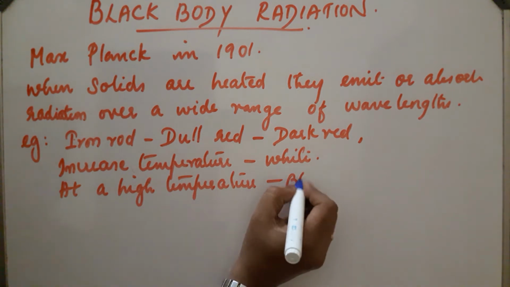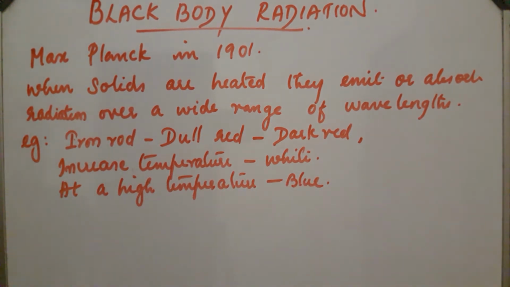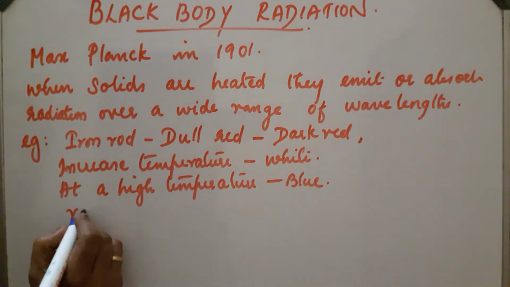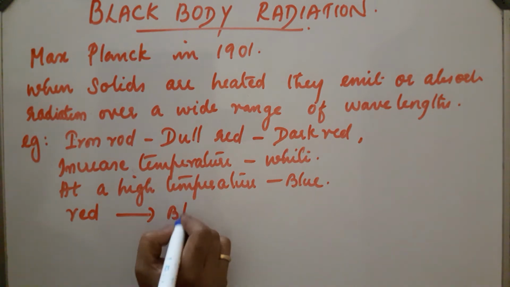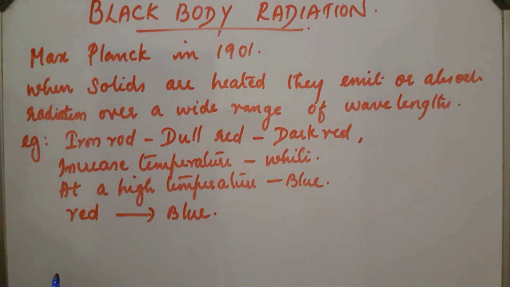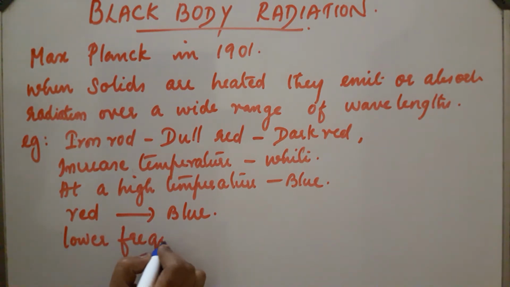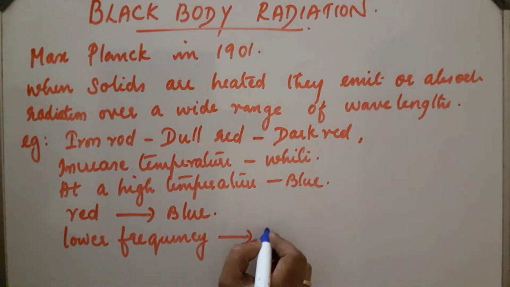From this we can observe that if we increase the temperature, radiations of different wavelengths are emitted. This was observed by Max Planck. As the temperature increases, the frequency of the radiation also changes, that is, the change is from red to blue.